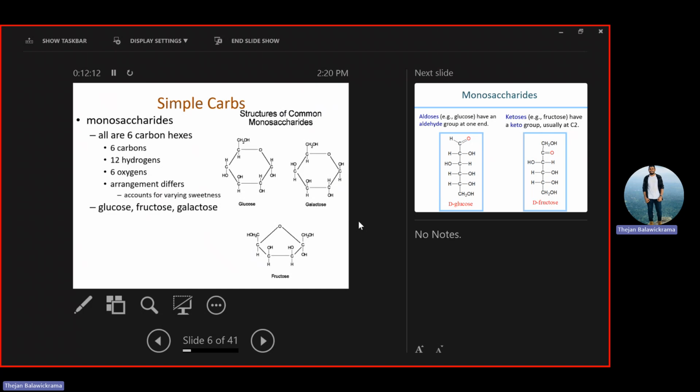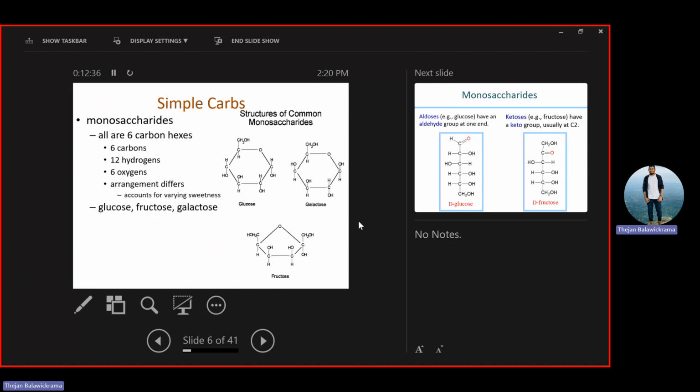But even though we have the same number of carbons, hydrogens, and oxygens, basically the same molecular formula, the arrangement is different. They are arranged differently. When you compare glucose and galactose with fructose, it is totally different.